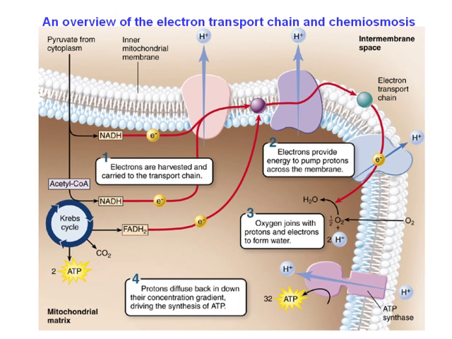And this acetyl-CoA that came from pyruvate oxidation is going to release several electrons. Again, remember, NADH and FADH2 are going to carry those yellow electrons to the electron transport chain. In number 2, electrons provide energy to pump protons or hydrogen ions across the membrane.